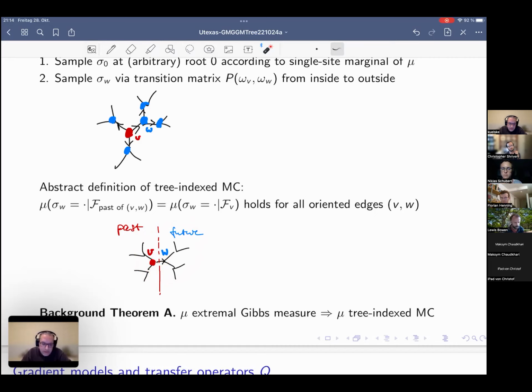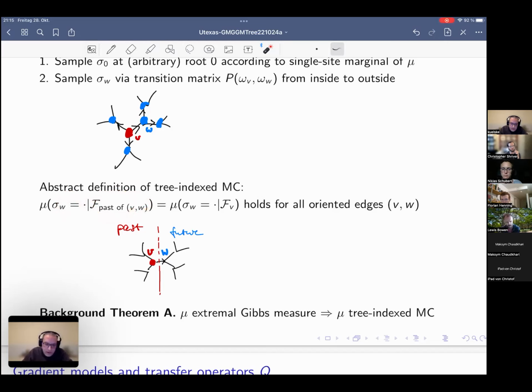So I have this measure giving mass to these values of the random variables which are indexed by all the points. So I say this is a tree indexed Markov chain, or one says it is if the mu conditional on the sigma algebra of the past of V and W. So I simply only make a picture.